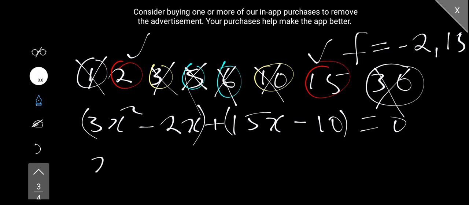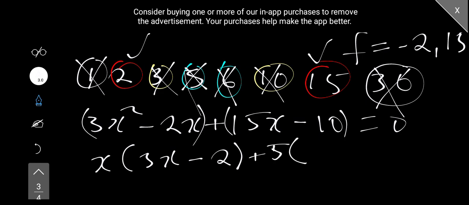So we find that x is common here, we remain with 3x minus 2 remains there. We're dividing x into 2. There, our highest common factor is 5. Let's say plus 5 here. Then we remain with 3x. Then we divide it into 15x.